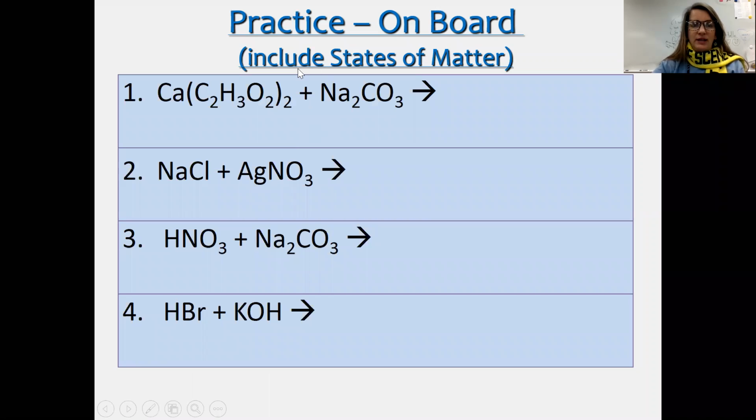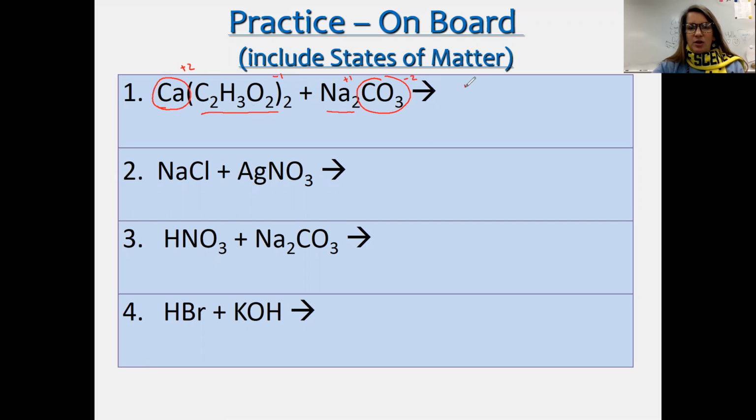All right, so again, when you do these examples, the outside ions go together, the inside ions go together. All right, calcium is +2, acetate's -1, sodium is +1, carbonate is -2. So outsides with outsides, insides with insides.